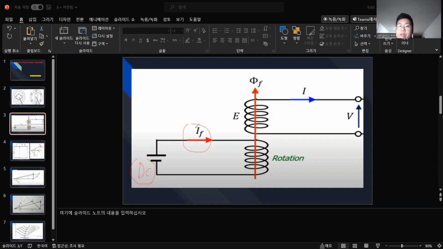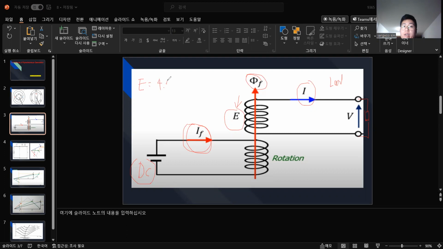The field current is the controller, right? Depending on this value, the flux value changes. This is the load current, because it's connected to the load here. So we wanna know this induced voltage.